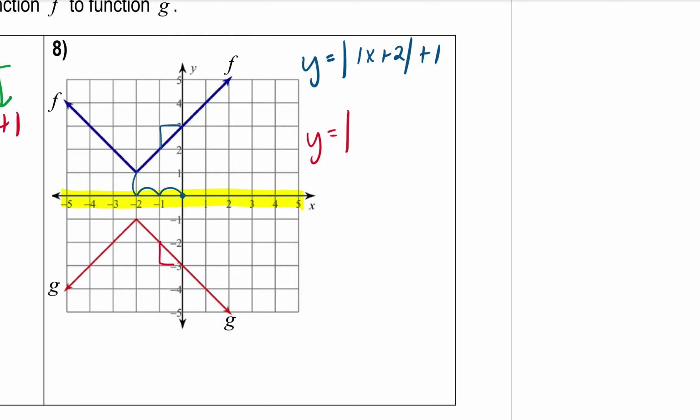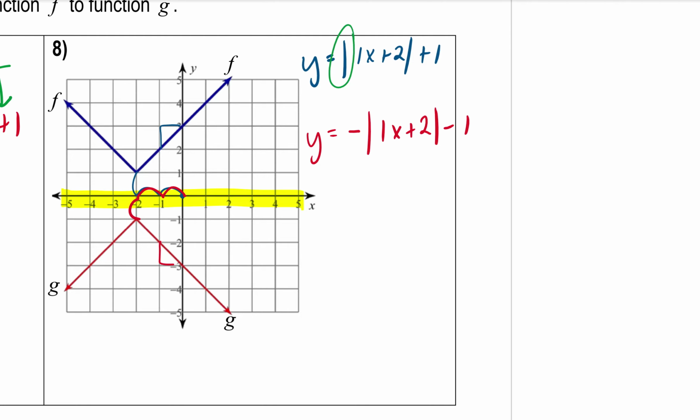Or the whole thing is negative, sorry. Negative 1x. I'll just rewrite that, sorry. I'm going down. Absolute value is negative. Slope is still 1. And from the center, I go left 2, down 1. So I still go plus 2, but now I go -1. So notice, here's the big difference.